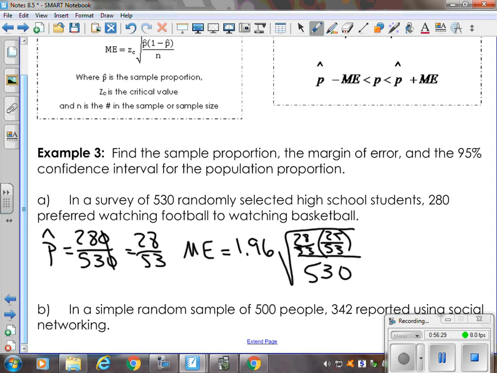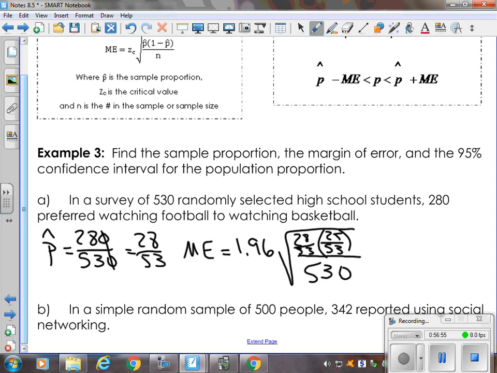Now, you've got to multiply these two together, divide it by this, square root it, and then times this. I wouldn't try to do all that at one time. It's a little difficult. So let's first put in fraction 28 53rds times 25 53rds and hit enter. All right, has everybody got that?